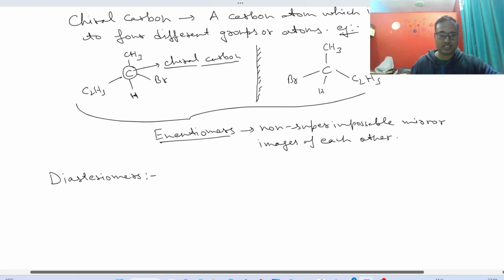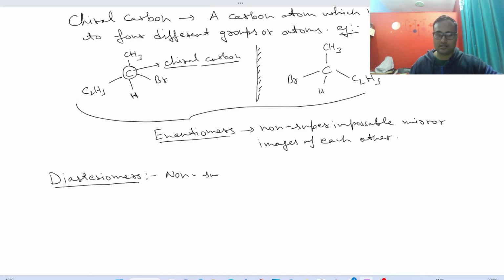Now what are diastereomers? These are non-superimposable, non-mirror images of each other.